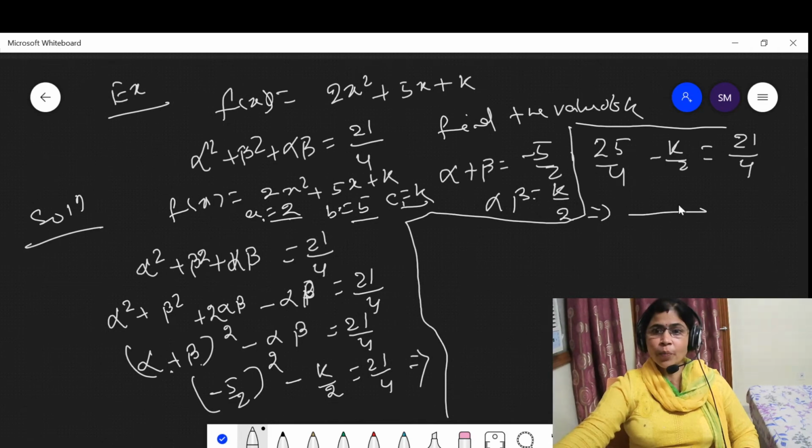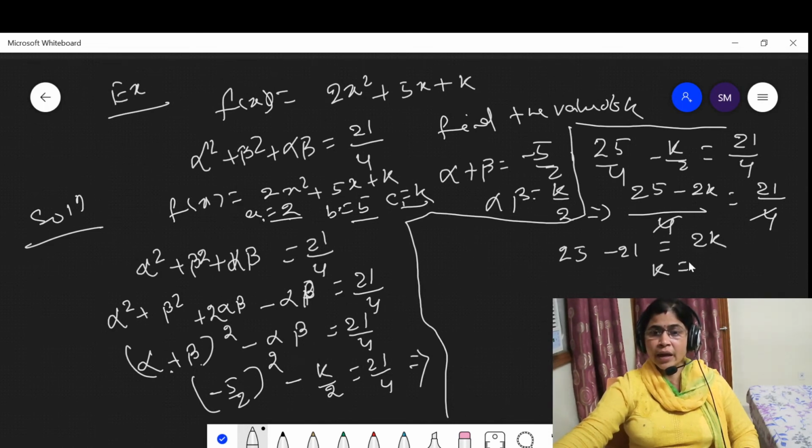Then taking 4 as the LCM, this is 25 minus 2k is equal to 21 upon 4. Then 4 cancels. Then this is 25 minus 21 is equal to 2k. Then k is equal to 4 by 2, which is equal to 2.